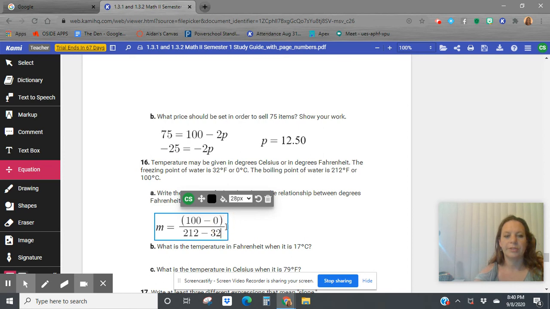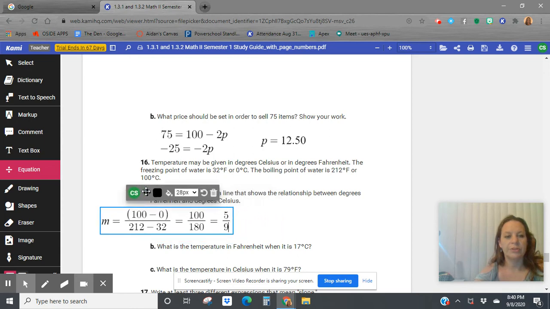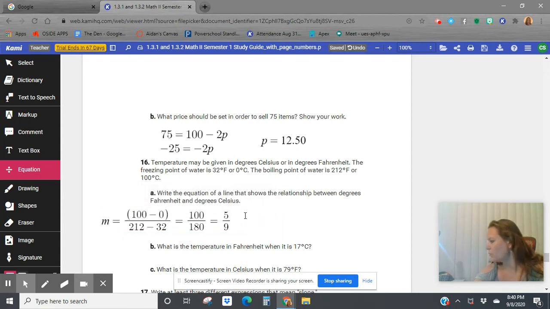So this slope reduced is equal to 100 over 180, and further reduces to 5/9. There's that slope that shows up in that Fahrenheit to Celsius formula.